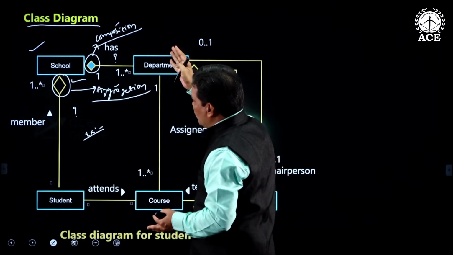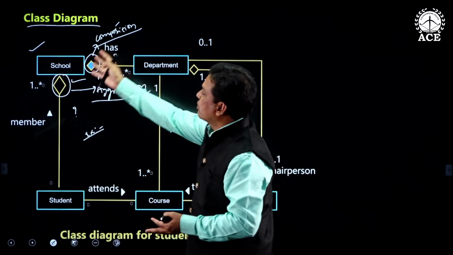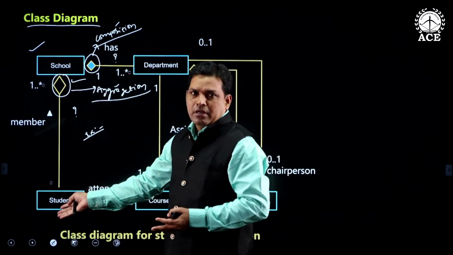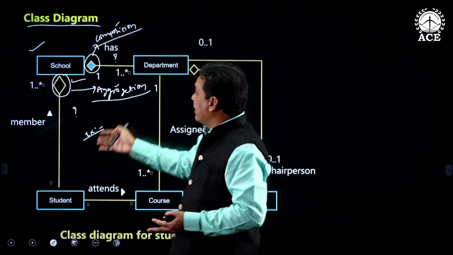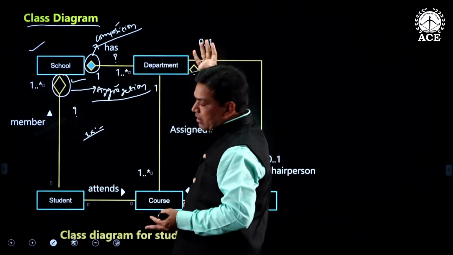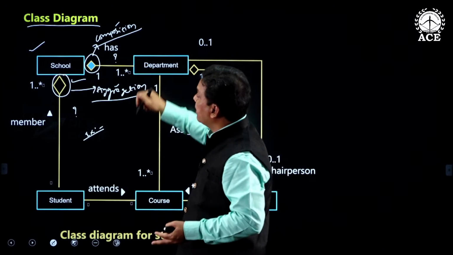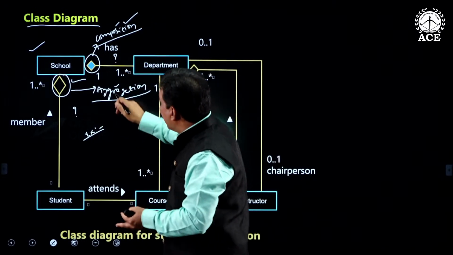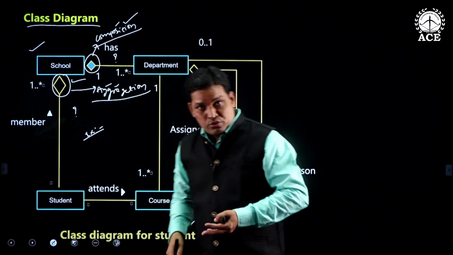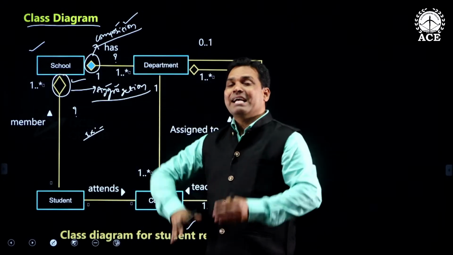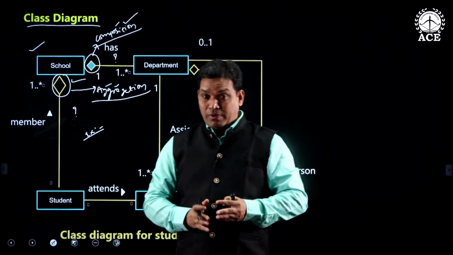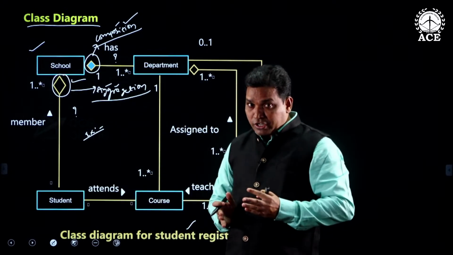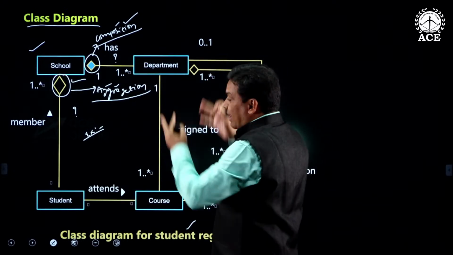Similarly here, department is like a heart for the school, whereas student is like fingers. That's why between school and department, the best suitable relationship is composition. Composition relationship in UML is stronger than aggregation relationship. As a designer, while designing we have to think about which relationship is best suitable among classes.